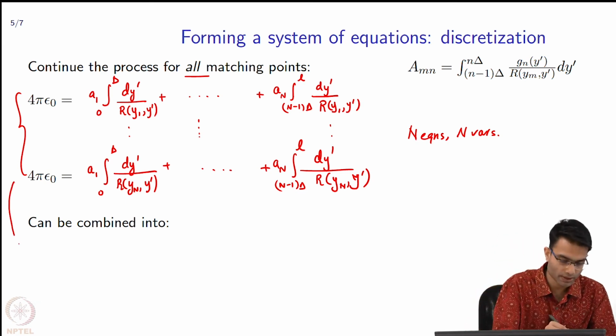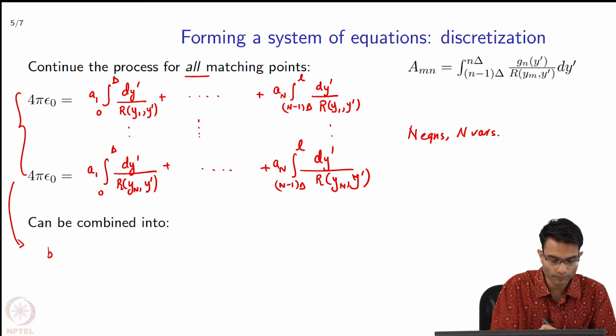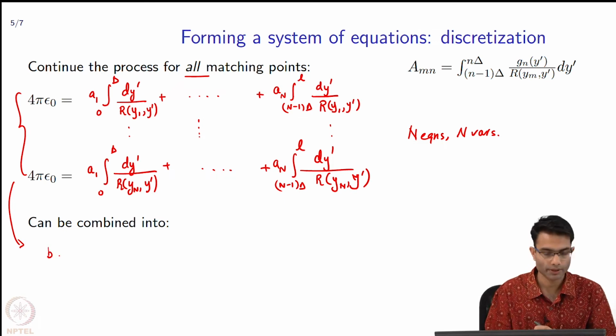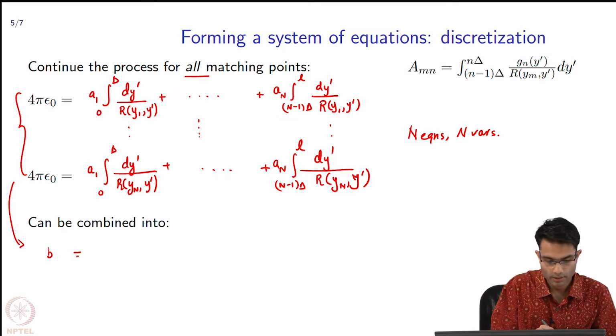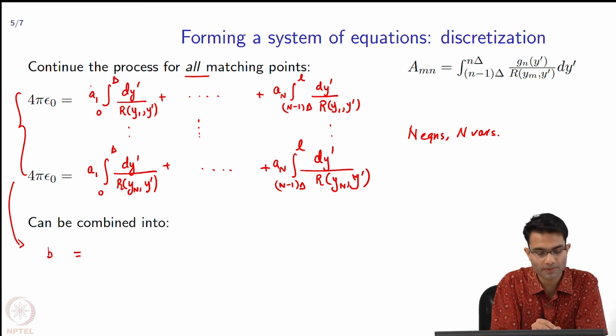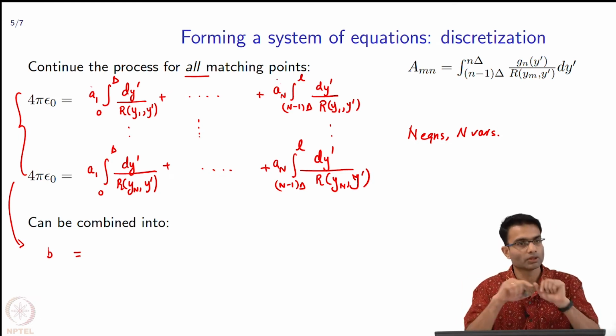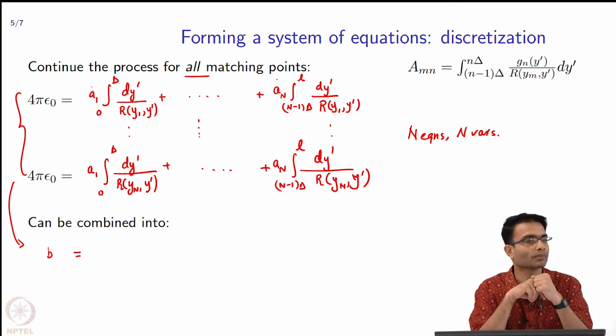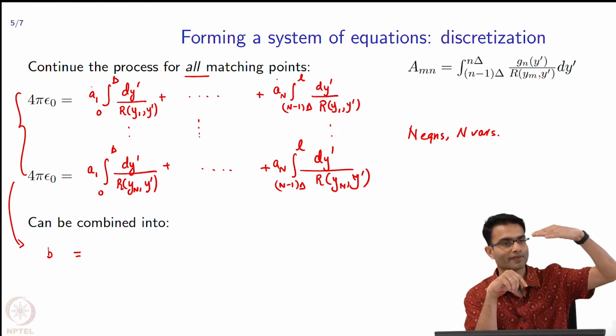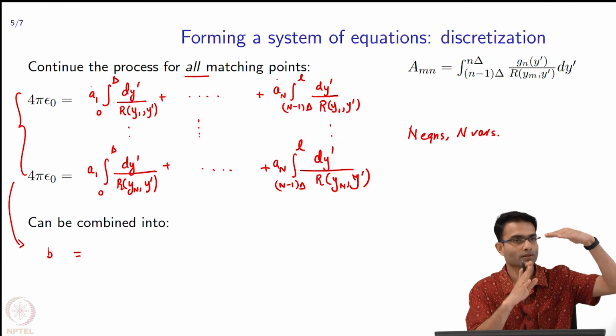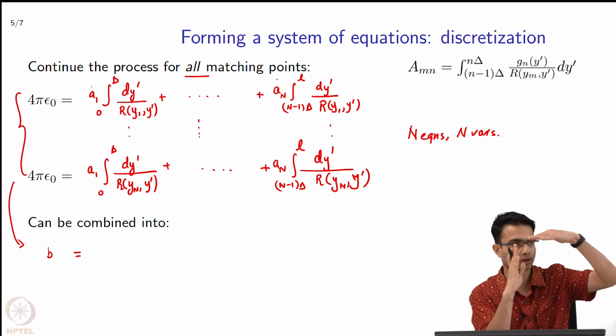I can take all of these and put them into a column vector B, and you can see that all of these equations have the variables a1, a2, a3 all the way up to an in one string, right. So, that looks like what? The product of at least one row vector with a column vector. So, what should the column vector be?